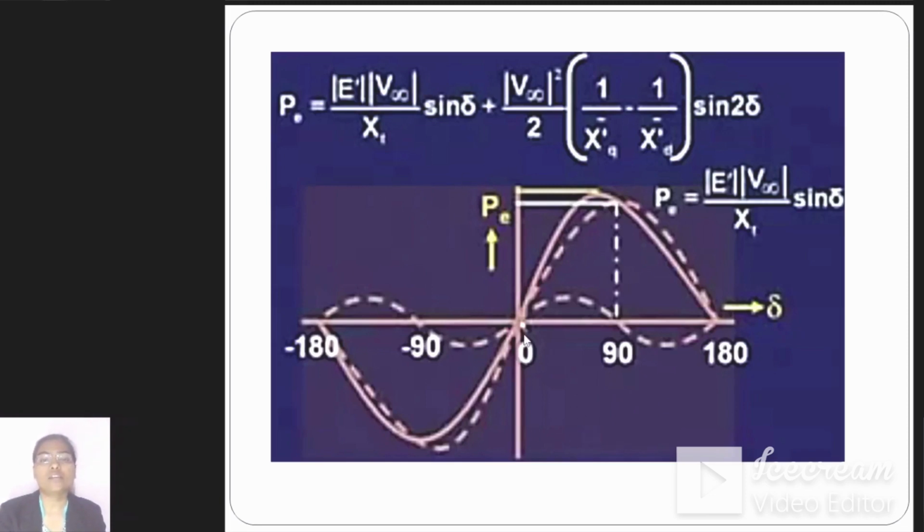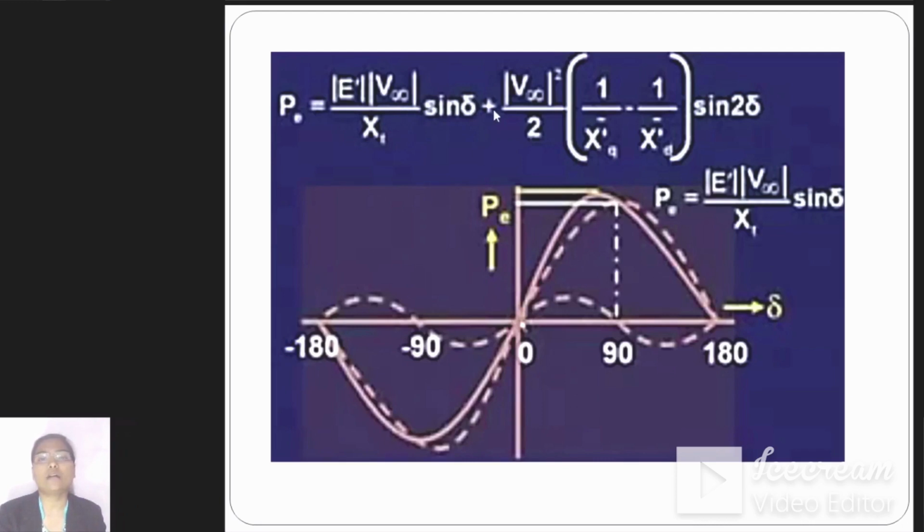Here 0 to 180 degrees is the generation mode, and from 0 to minus 180 it is the motoring mode, right?